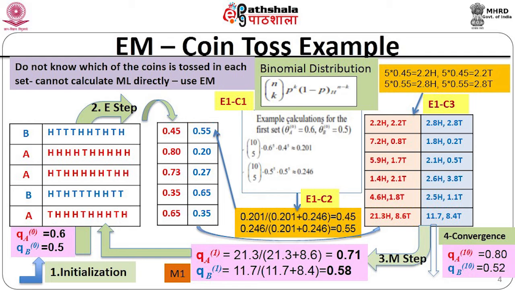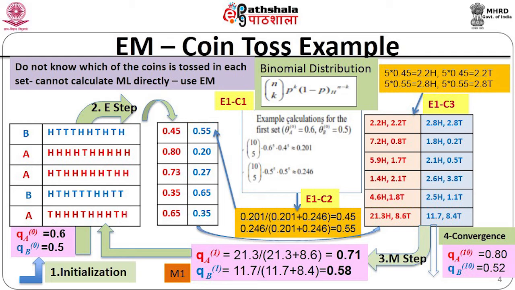Here what we have done is, based on this probability of 0.45, we are saying that I have chosen in the first toss 5 heads and 5 tails. So, I will show you how this is calculated. 5 into 0.45 if it was red is equal to 2.2 H, 5 tails into 0.45, again 2.2.